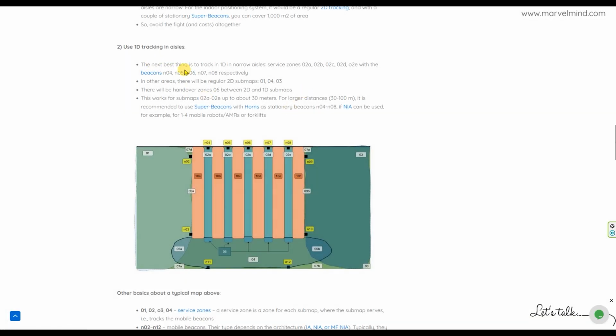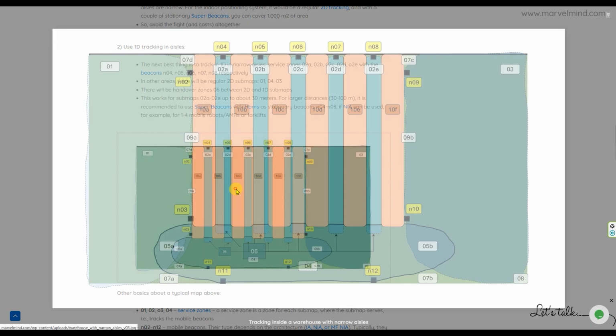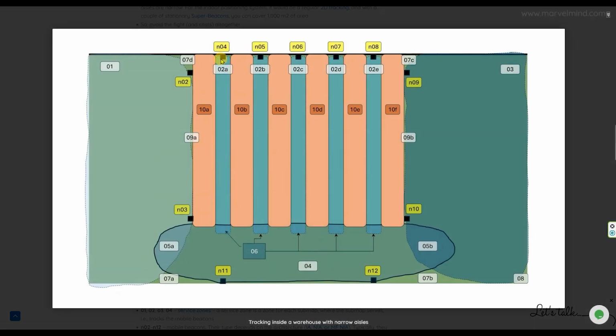So that would be the recommendation, because it helps you save on the number of beacons. You don't install 2 beacons instead of 1 in this area. And second, even if you install 2 beacons, you still have effectively 1D tracking in this area, because the length is very long, and at the same time the aisle is very, very narrow.